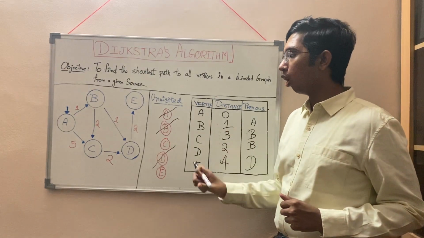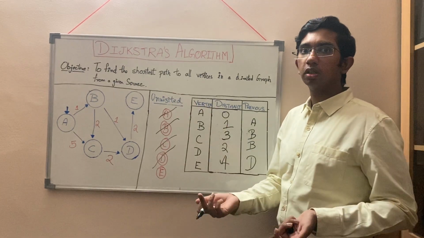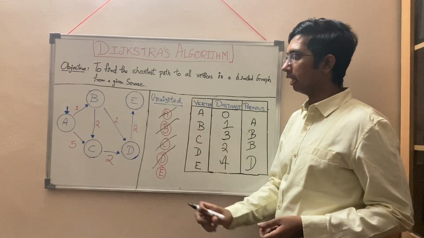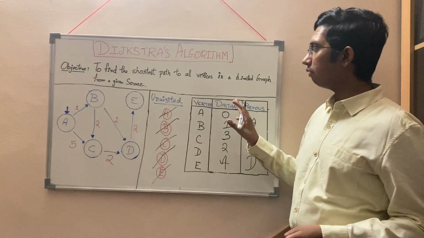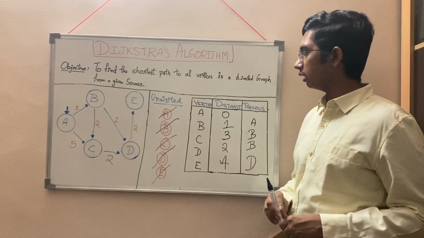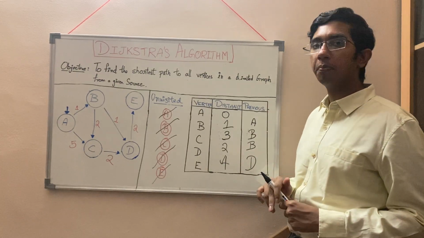We are going to move on to the next vertex, which is E. As E has no other neighbors, we won't be able to update anything, and hence we're going to strike that out as well. With this done, we now have a final distance matrix, which gives the shortest distances, and we also have the previous node, which explains the path to us.